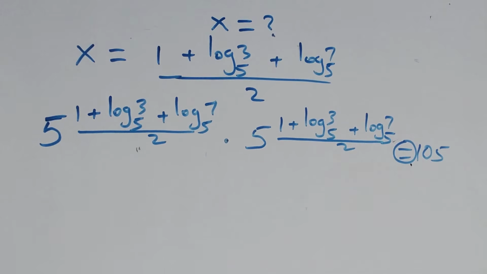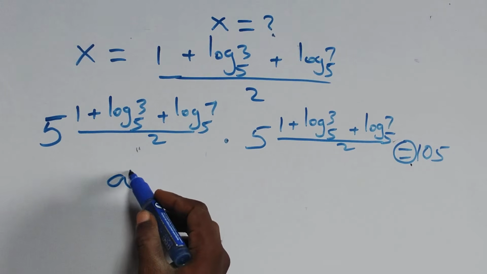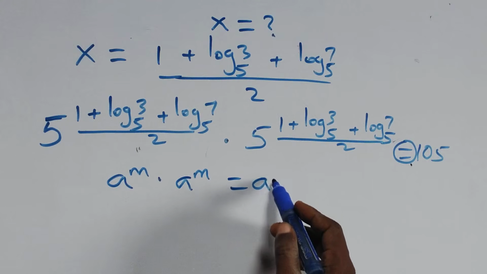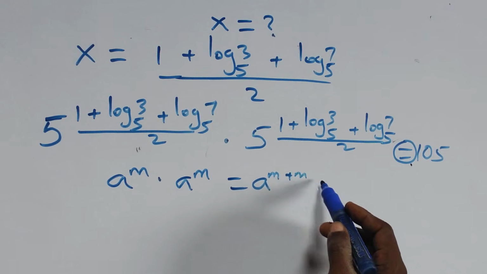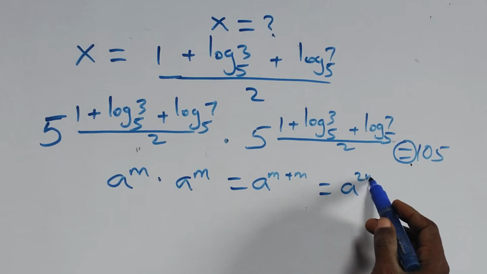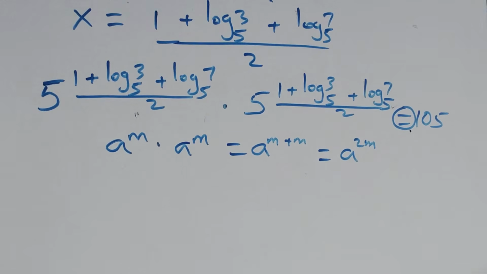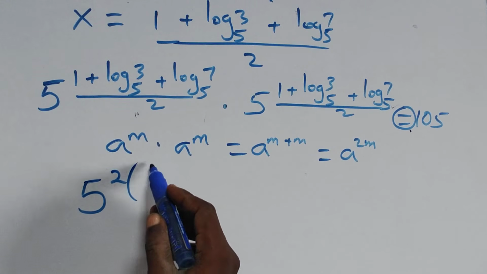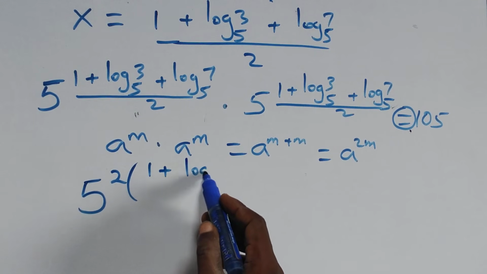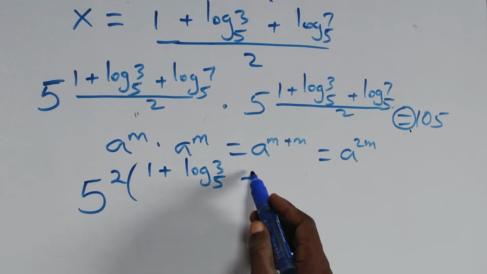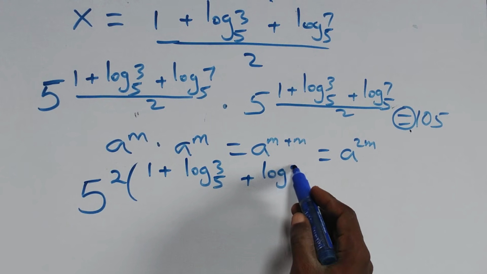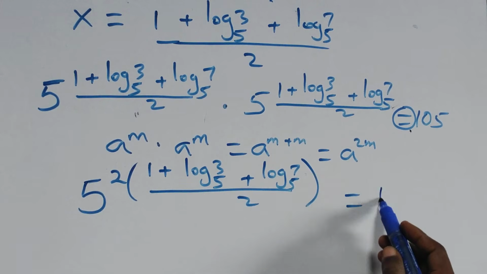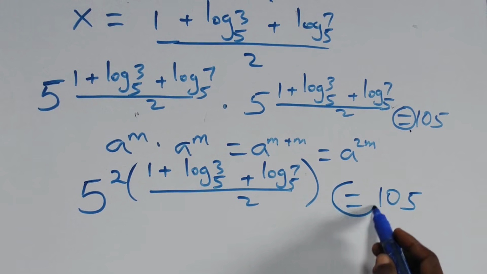Then this follows when we have a raised to power m times a raised to power m. This is a raised to power m plus m, which is same thing as a raised to power 2m. So here we can write this as 5 raised to power 2 times 1 plus log 3 base 5 plus log 7 base 5 over 2 is equals to 1 around 5 on this side.